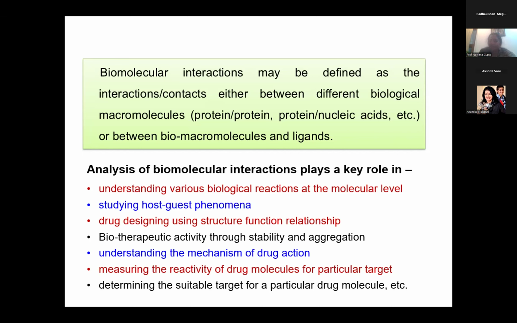Understanding these biomolecular interactions plays a key role in various points you can see on the slide: in understanding various biological reactions at the molecular level, studying host-guest phenomena, for drug designing using structure-function relationship, for biotherapeutic activity through stability and aggregation, in understanding the mechanism of drug action, in measuring the reactivity of drug molecules for a particular target, in determining the suitable target for a particular drug molecule, etc.